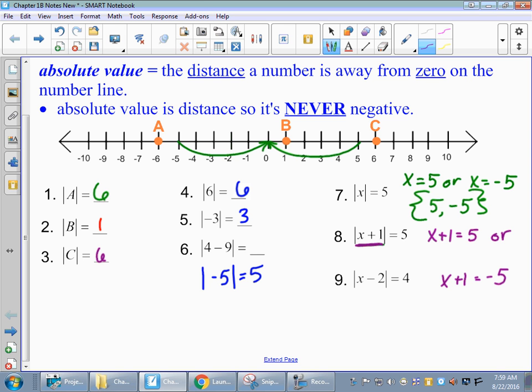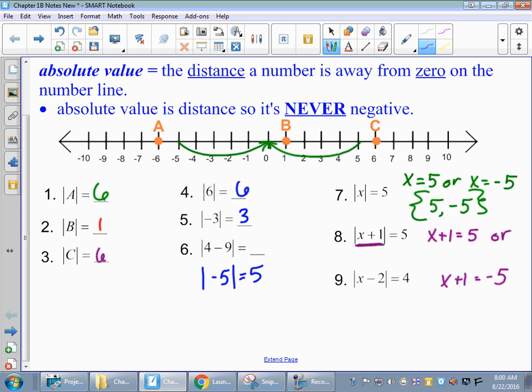So that expression inside the absolute value could equal 5, or that expression inside the absolute value could equal negative 5. So by writing two equations, you can see that I'm interpreting the absolute value, I no longer have those two vertical bars.